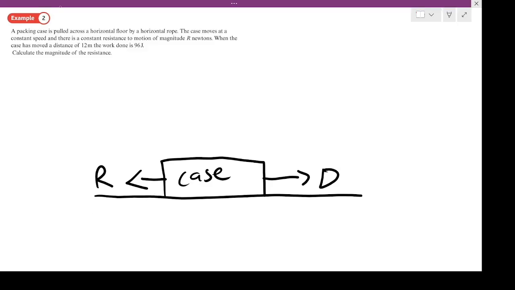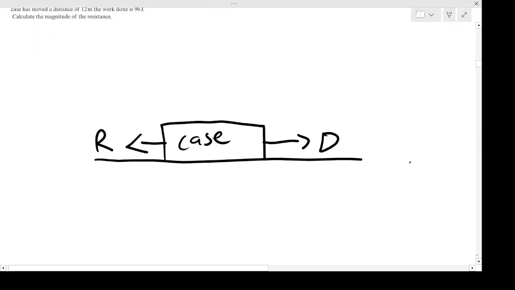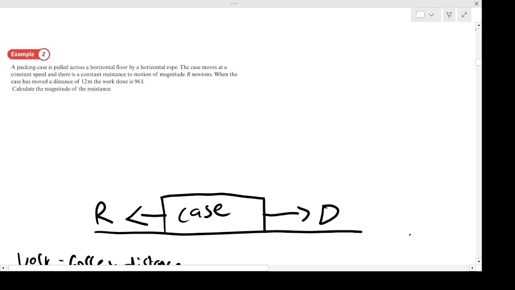I am told the case has moved a distance of 12 and the work done is 96. So we're told the work. Again, if we use the work formula, work is force times distance. Well, what force is it referring to here? The work done is by the force moving it forward, so it's the work done by this force D, the driving force.